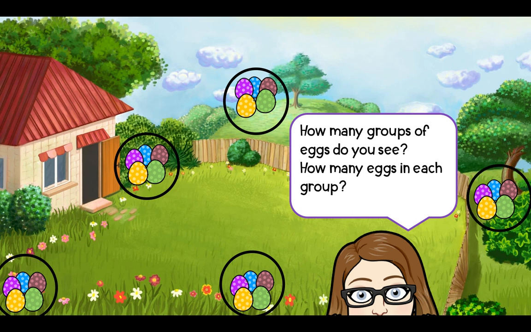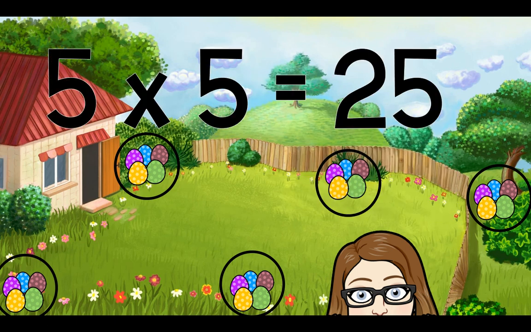And it looks like inside each group there are 5 eggs. I can write that as a multiplication sentence. 5 times 5 equals 25. I can skip count by 5s to get that answer. 5, 10, 15, 20, 25.